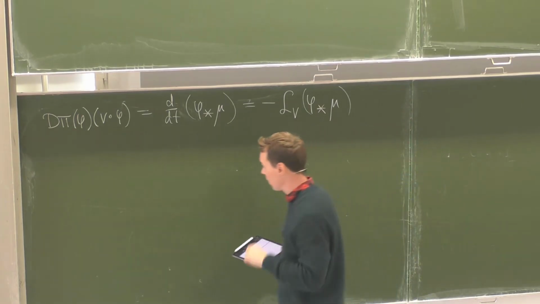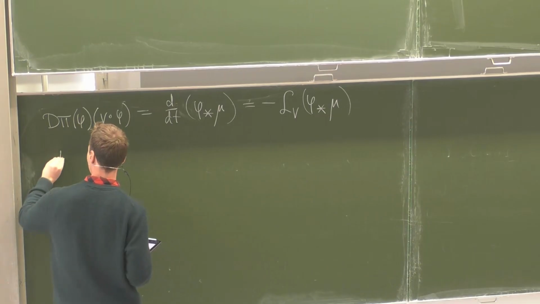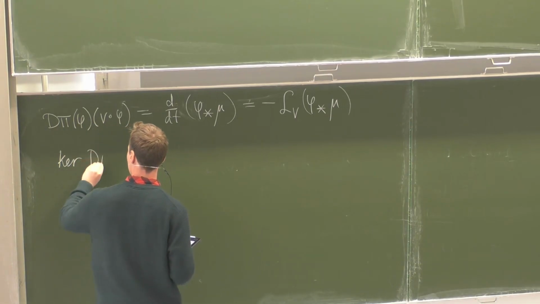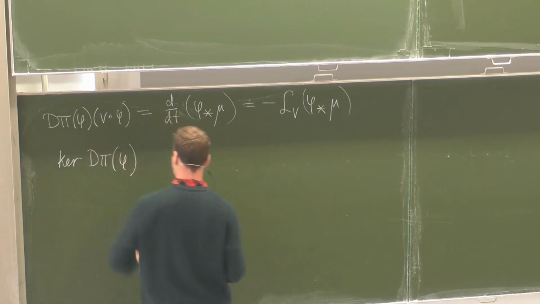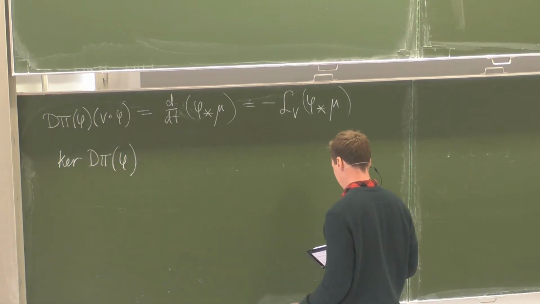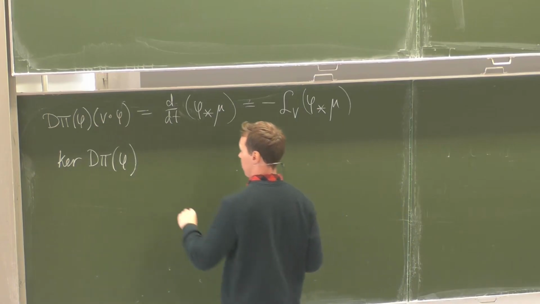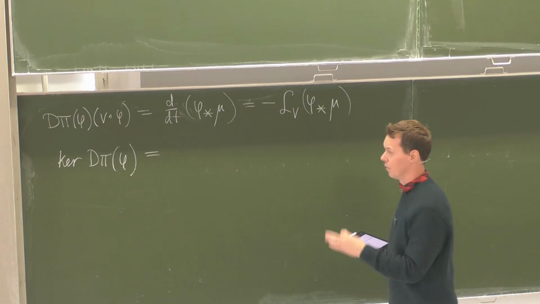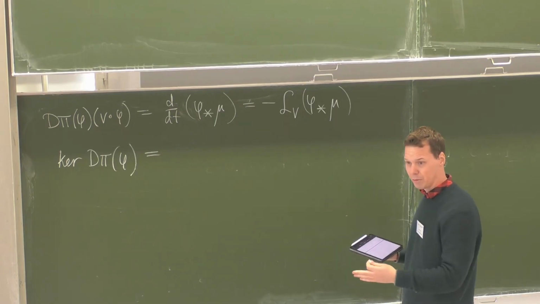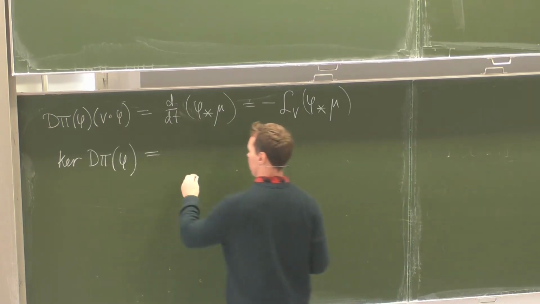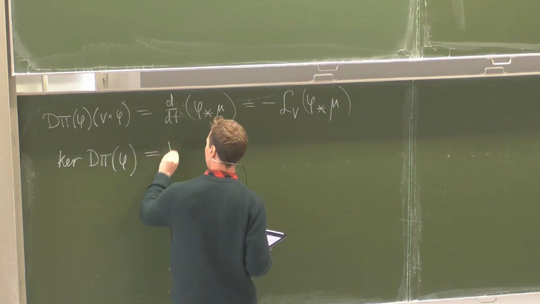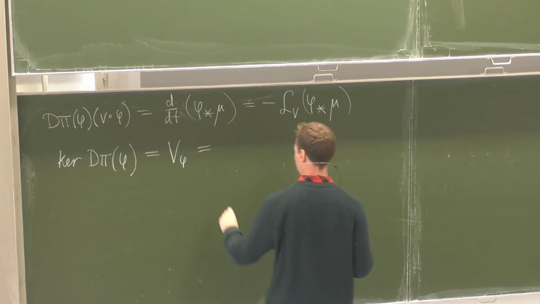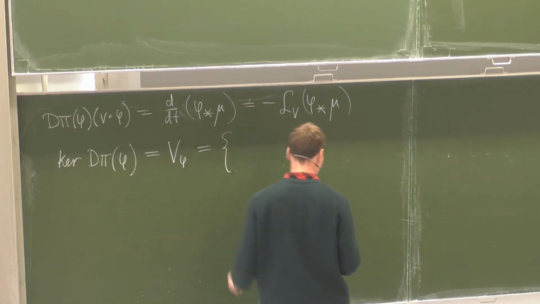It means that the kernel at the point phi, which is by definition the vertical distribution associated with this principal bundle, let's call this V at phi. What is it equal to?